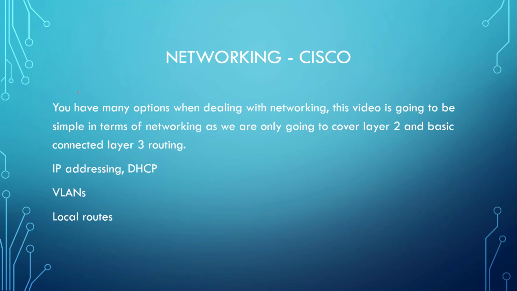But we're going to sit with a small 3560 for the moment. We're going to be looking at IP addressing, DHCP, VLANs and what they provide, especially in a hypervisor environment, and of course local routes, because we only have a single networking device.